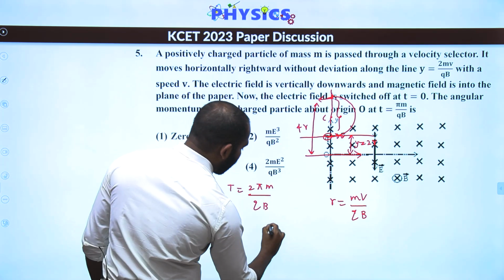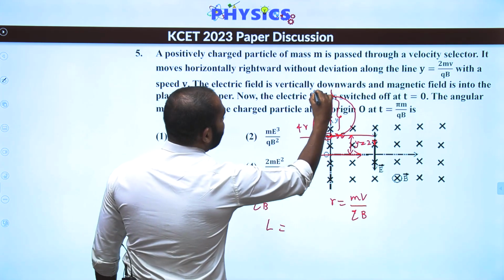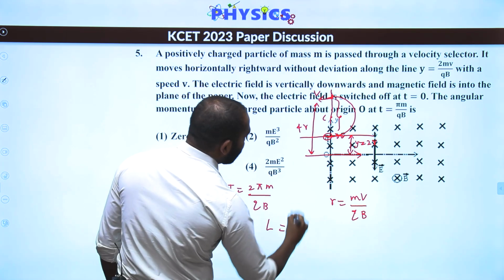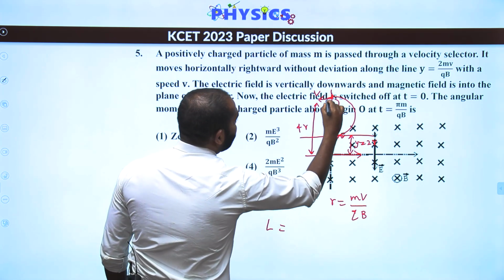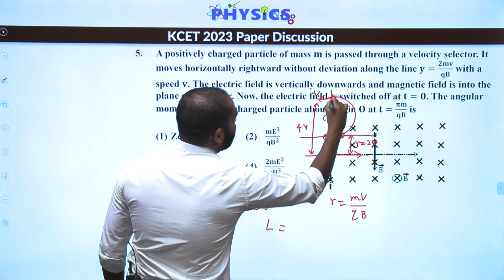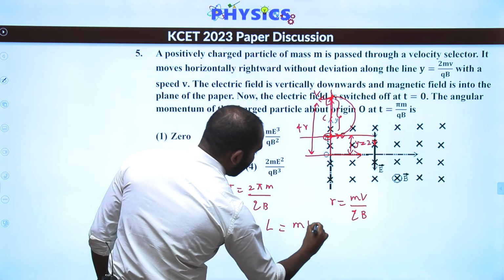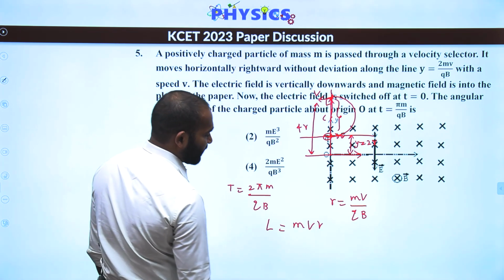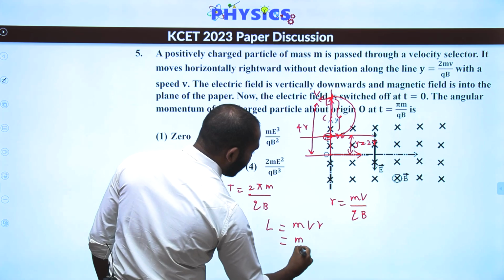So angular momentum L turns out to be r cross p. Here it will come out with the same velocity v. The mass is anyway given, m. The position vector r from here to here, and the angle between them is 90. So it will be mvr itself, because sine 90 will be 1 here for us. So in that case, this turns out to be m into v.